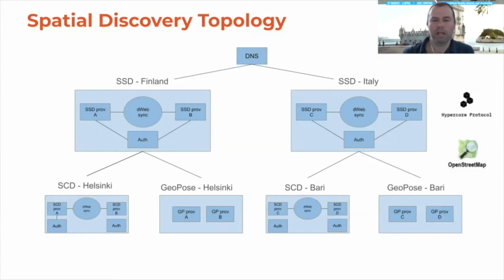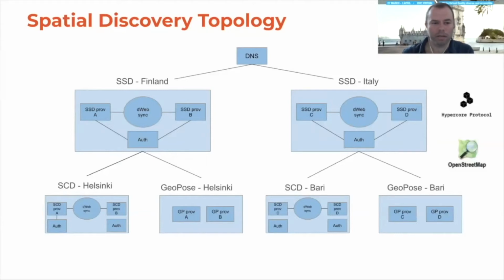So then we drill down to a particular geozone or city. I'm showing some examples here, Helsinki, Finland, and Bari, Italy, because this is where some of our partners are running real testbeds today. So we've got Immersal running a live testbed in Helsinki, Finland, and Augmented City running a testbed in Bari, Italy.